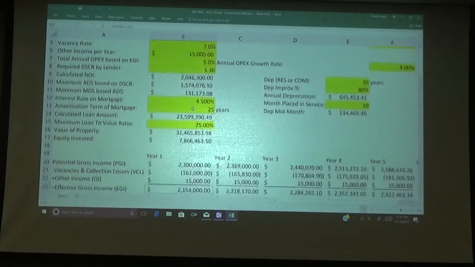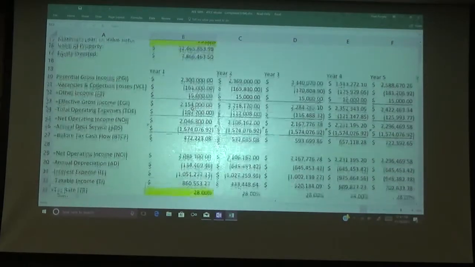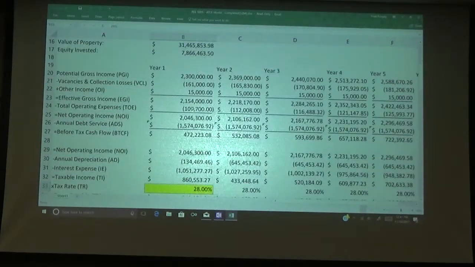Now, one thing to point out here, everybody who builds a model like this has their own preferences as to how they deal with some of the different assumptions and how they change and how they don't change. In this particular model, I simply made the assumption to fix my vacancy and collection losses as a fixed percentage of 7% all the way across.